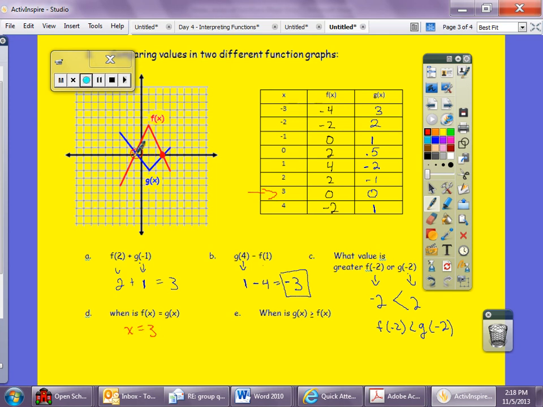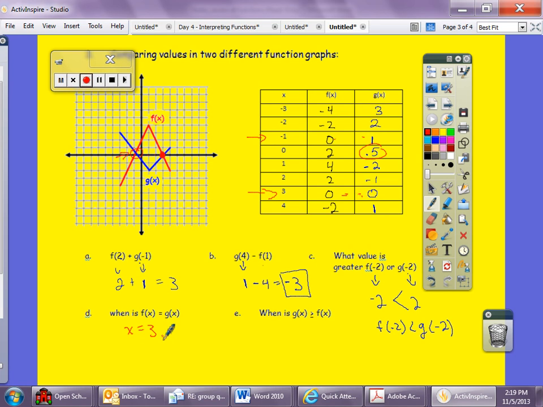It was supposed to be at negative 1, but these values aren't the same here, and it's because we have a 0.5. So they do intersect, but we're not exactly sure what this value is. Later on in this unit, we will be able to determine that value exactly where it is that they intersect. So we know that one of those is 3 because they're both 0. So we will find the other value later on in this unit.